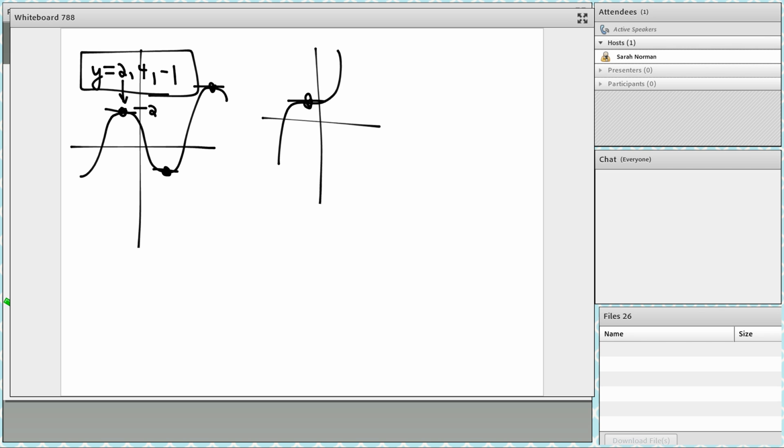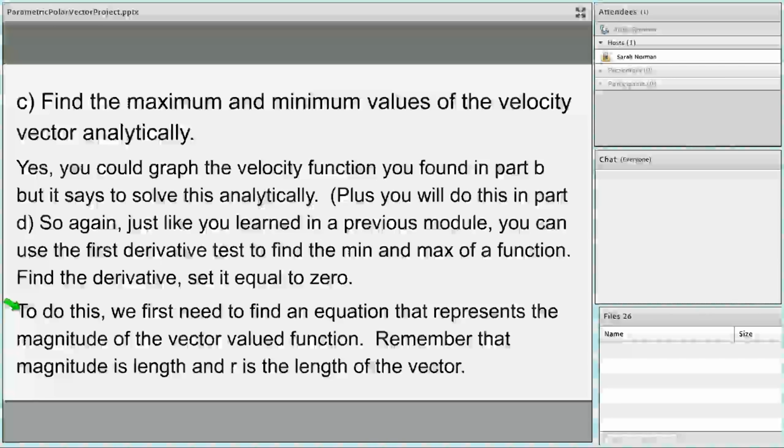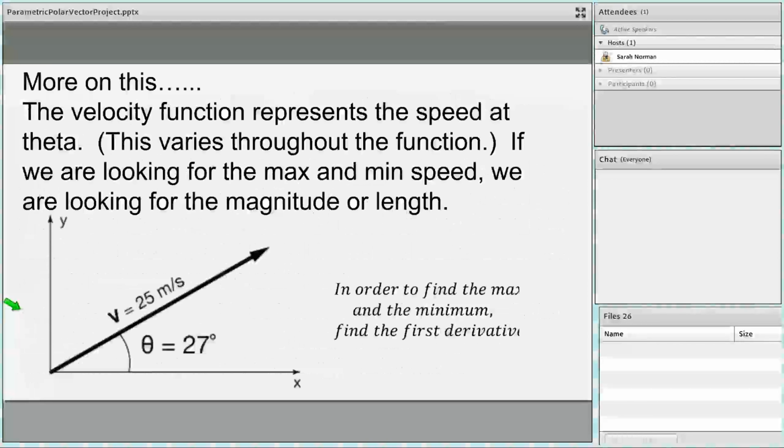So with vector valued functions, you're going to be essentially doing the same thing, except you're going to be finding, I guess, like the length of this vector, and the length of that vector, which you want to be either the maximum length or the minimum length, because that's what the question was asking us to do.